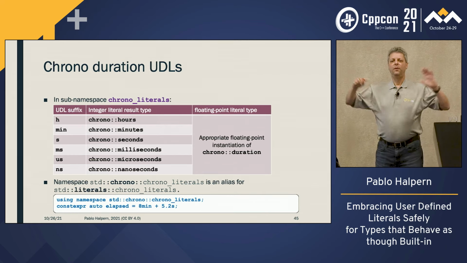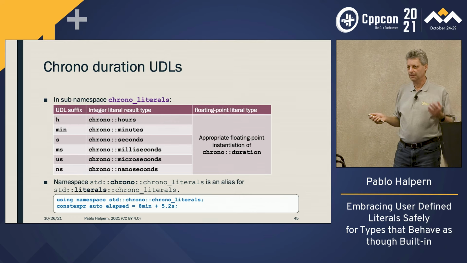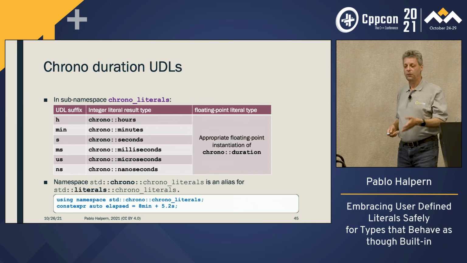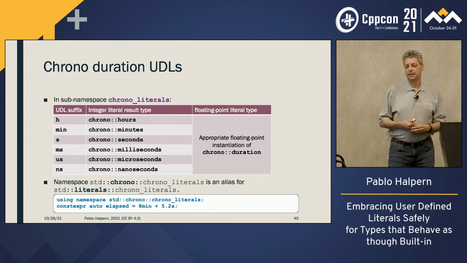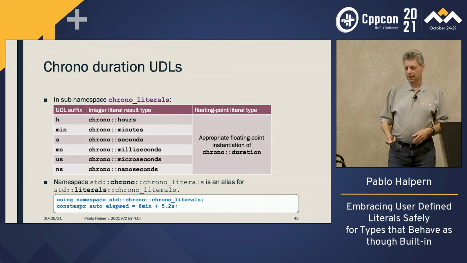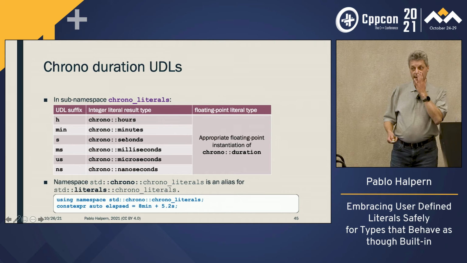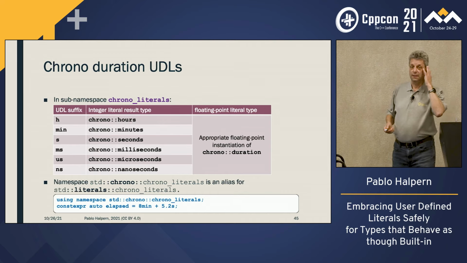Chrono has this very rich type system for describing time concepts. And it has user-defined literals for hours, minutes, seconds, milliseconds, microseconds, nanoseconds. And all of these resulting literal types are typedefs, aliases for this duration template.